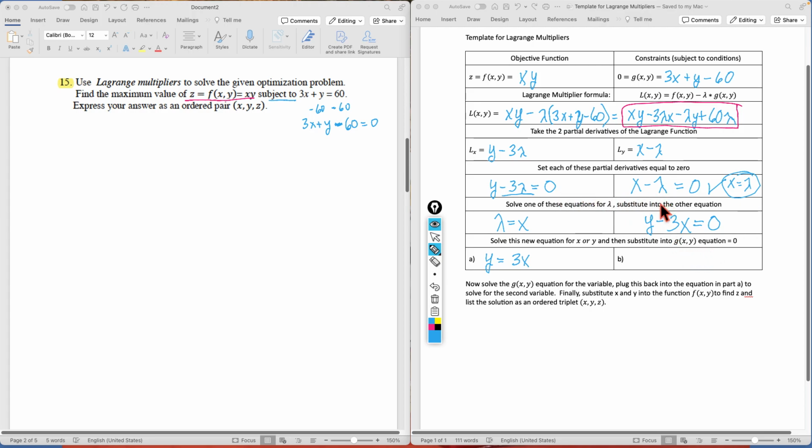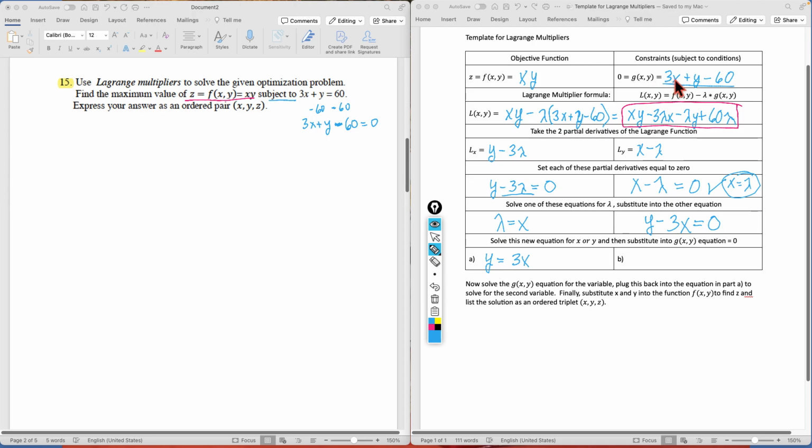The partial derivatives have to be equal to 0, and g of x that we started with up here is also equal to 0. So we're going to substitute in for y, and we'll have an equation with one variable.